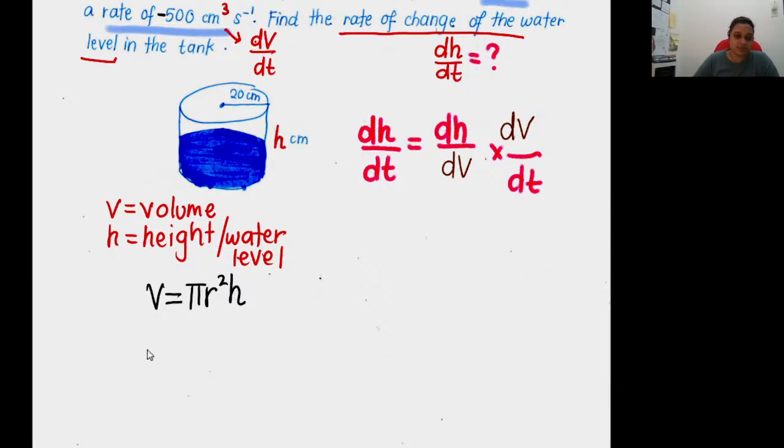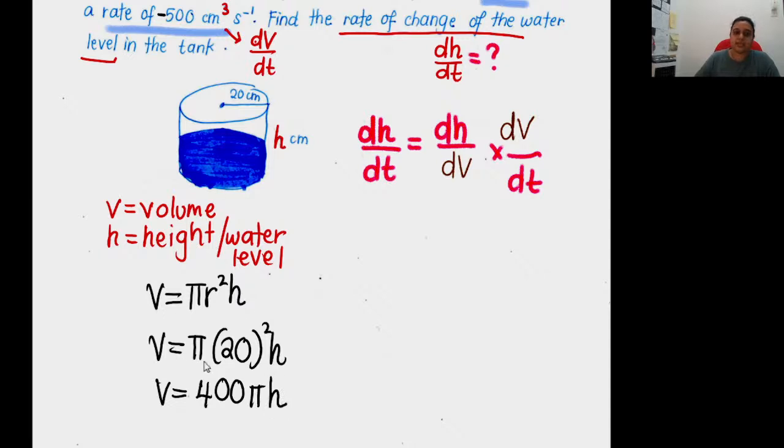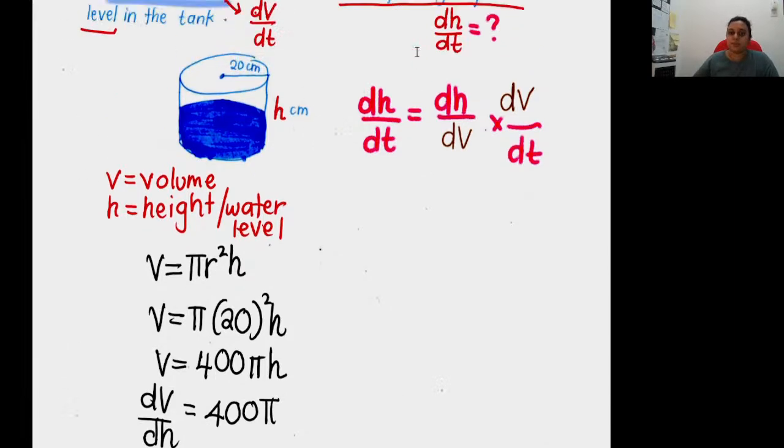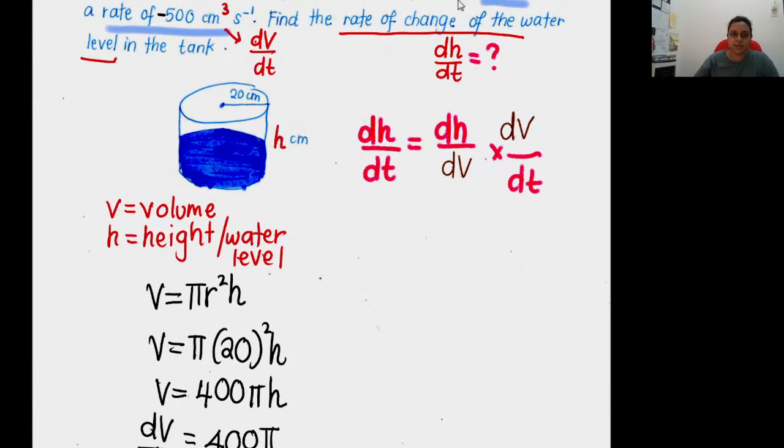So pi 20 square h, and we get 400 pi h. Now we differentiate the V with respect to h. dV dh we will get 400 pi. So this value we put into the formula.